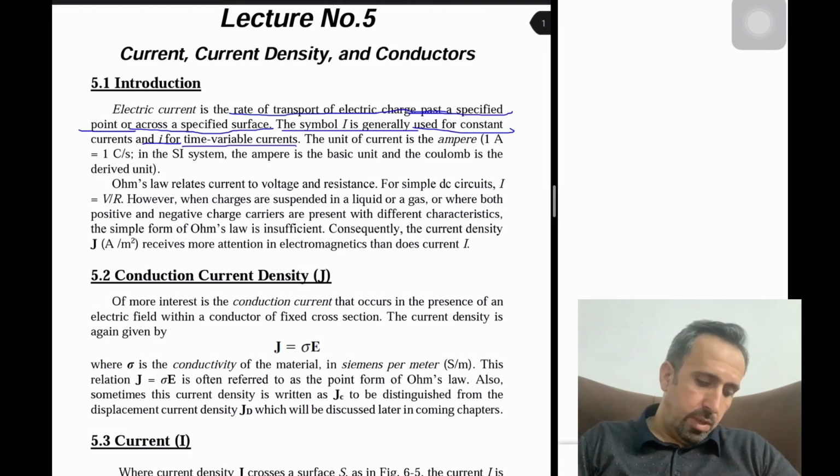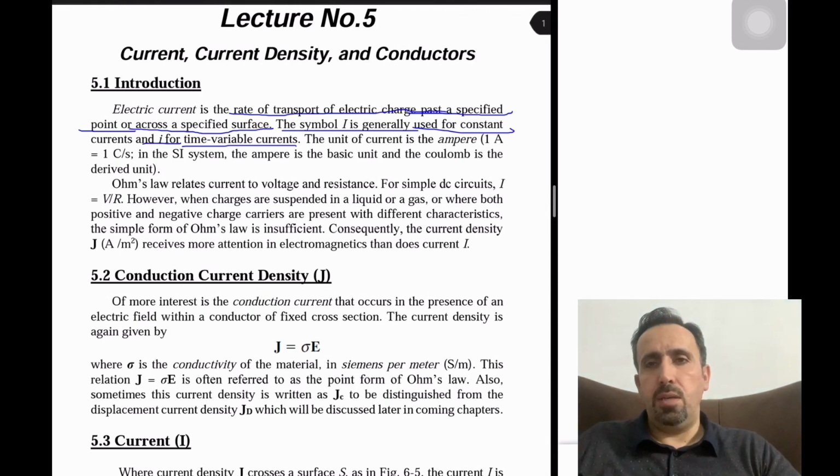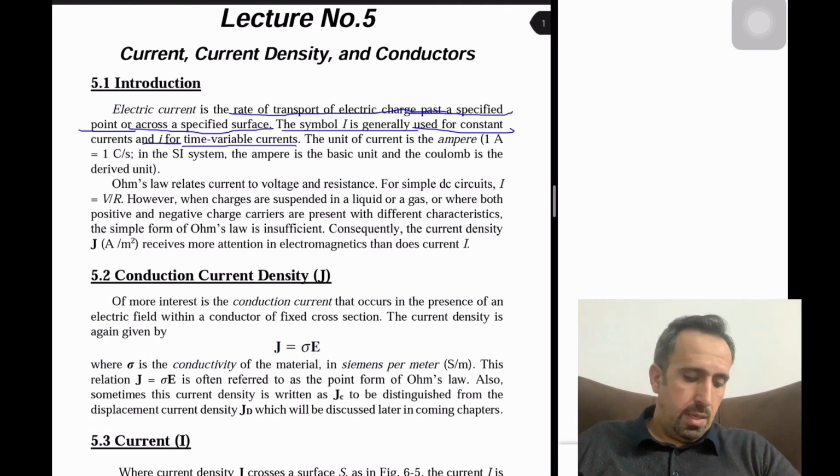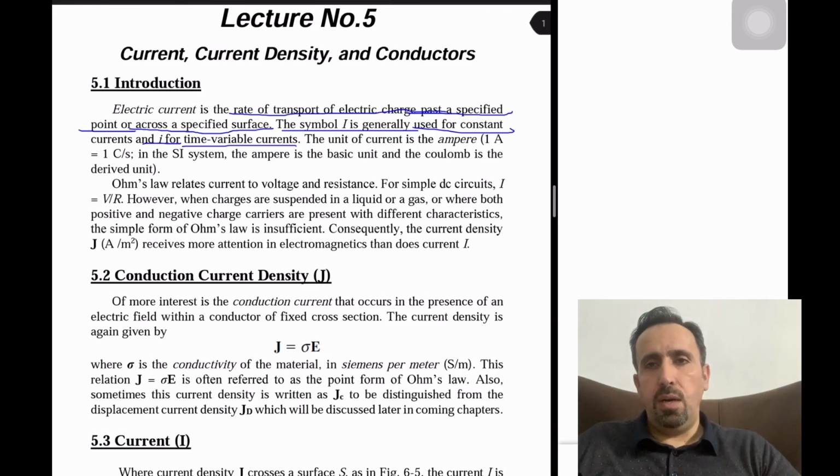Now, if we talk about simple DC circuits, then Ohm's law will always be used. The simple form of Ohm's law is I equals V over R. This is very simply used in simple DC circuits.